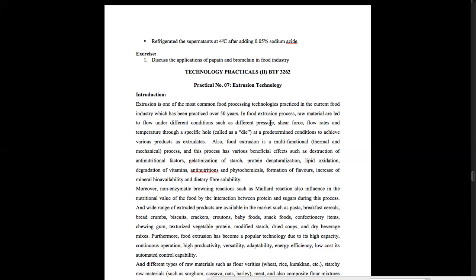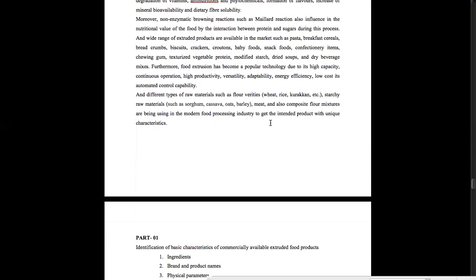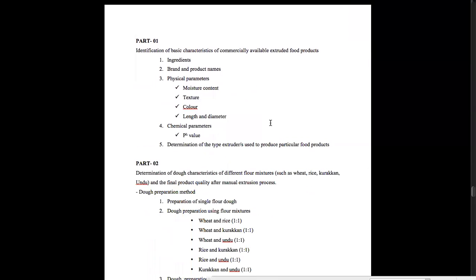In this practical, you can read the introduction part here, and in part 1 we are going to identify the basic characteristics of products commonly available in the market. As you know, extruded products are very common. You can buy extruded food products from the market at a cheap price, and there are different types, as we discussed: ready to eat and ready to cook.